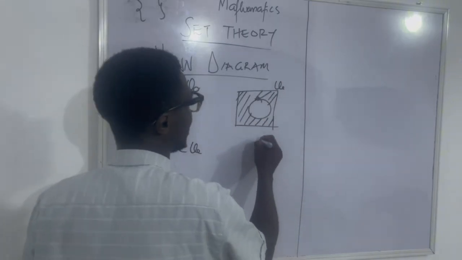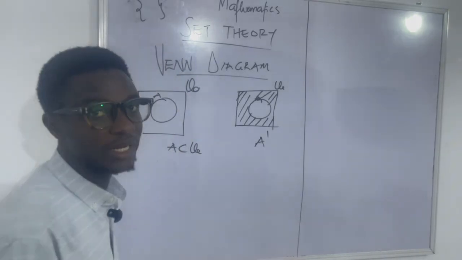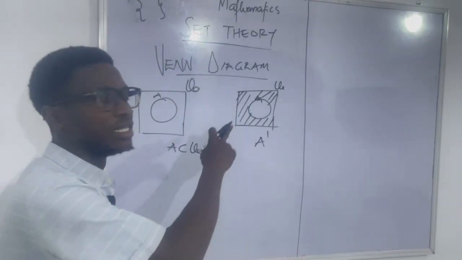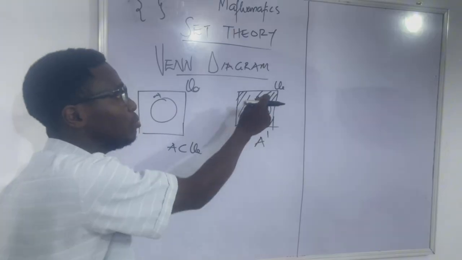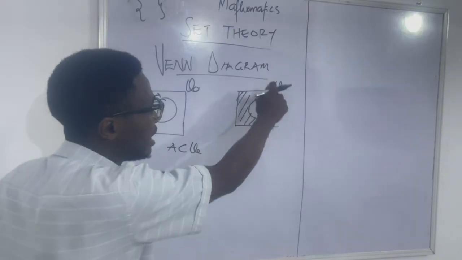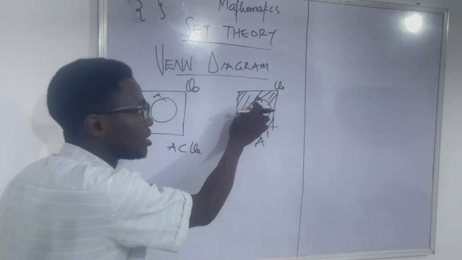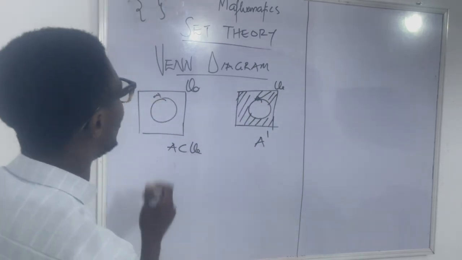So the shaded part is A complement. Like I explained, things that we can see in the universal set but cannot be found in A. They are the shaded part. You can see that every part is shaded, but A is not shaded.